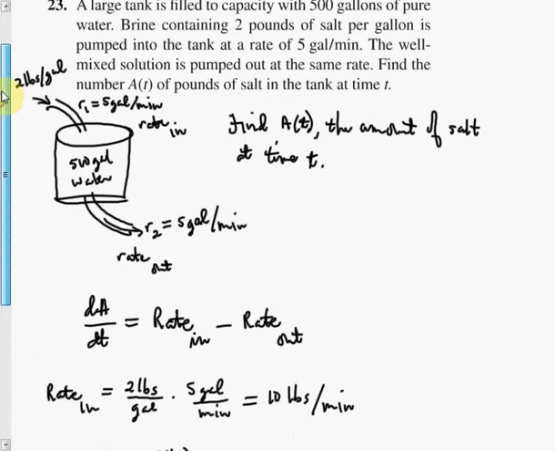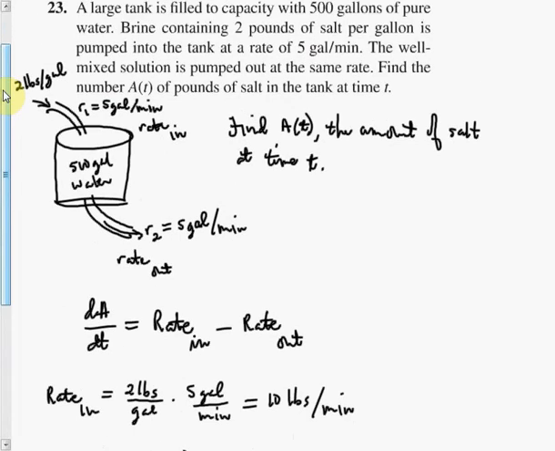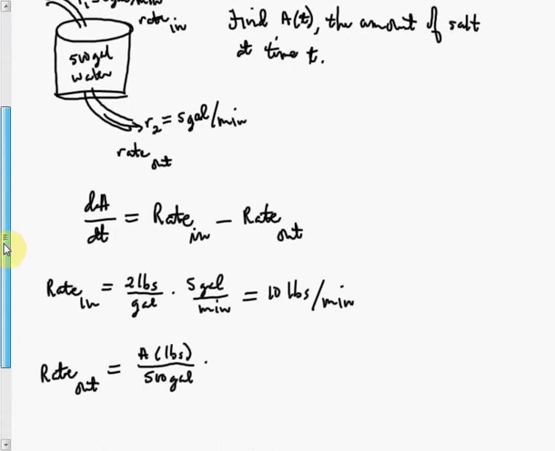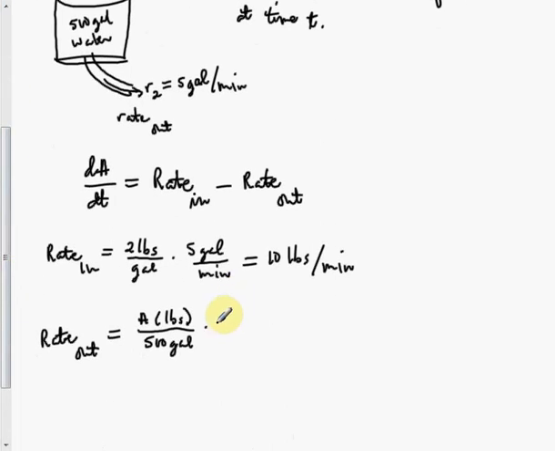It said that the rate by which this mixture is being pumped in is the same rate as it's coming out, right? So here that rate is 5 gallons per minute. So that gives us A pounds over 100 gallons. So here this is A over 100, and the units there are pounds per minute, excuse me, the gallons canceled out.